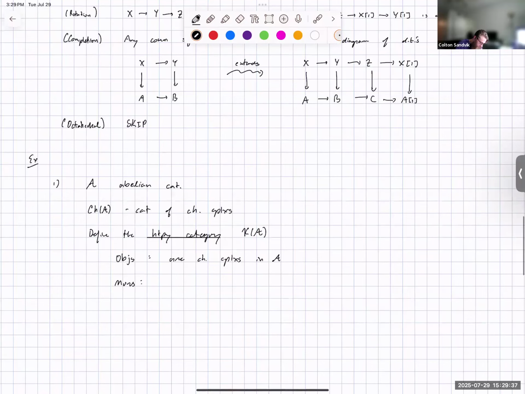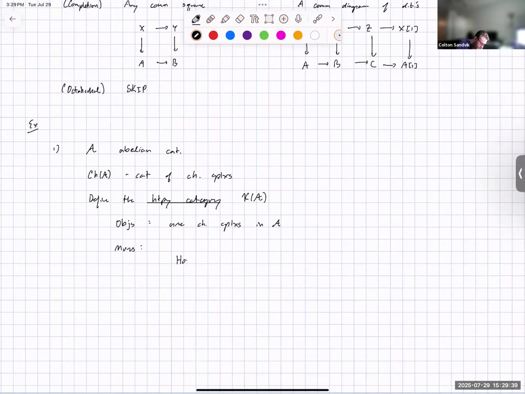So what we'll do is we look at the quotient of the Hom spaces in the category of chain complexes, and we mod out by morphisms which are homotopic to 0.